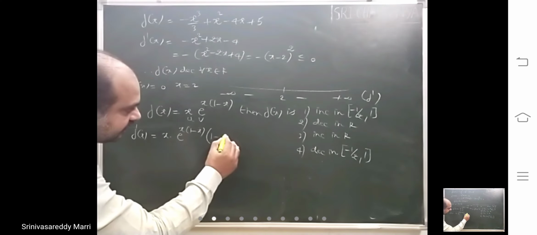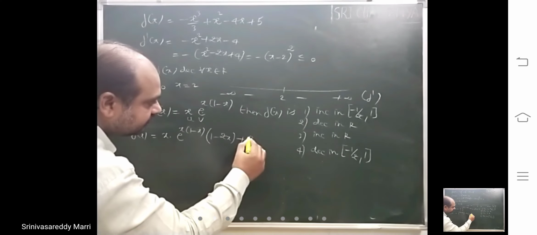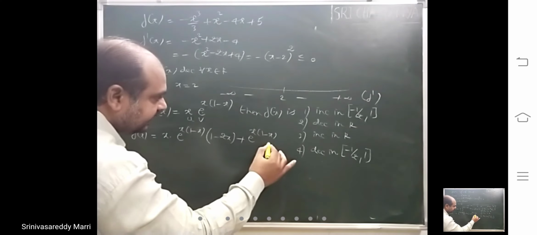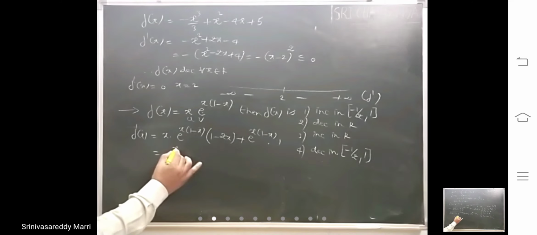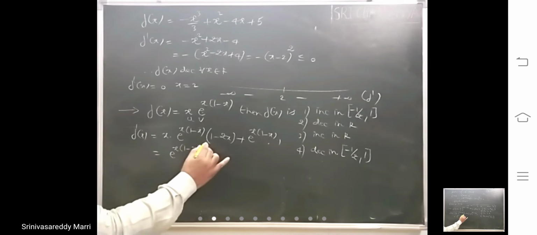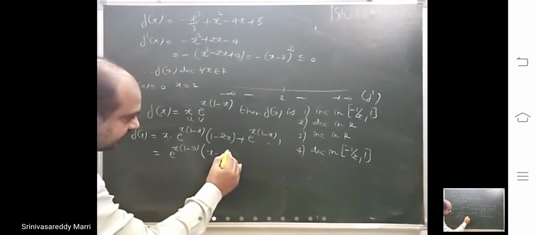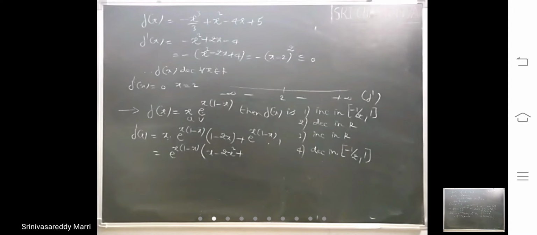Derivative of x minus x square means 1 minus 2x, plus v into derivative of x is 1. Take common. You will get x into 1 minus 2x, x minus 2x square plus 1.